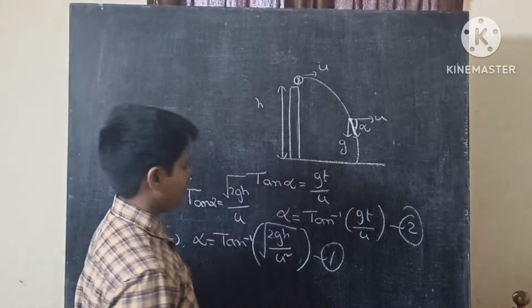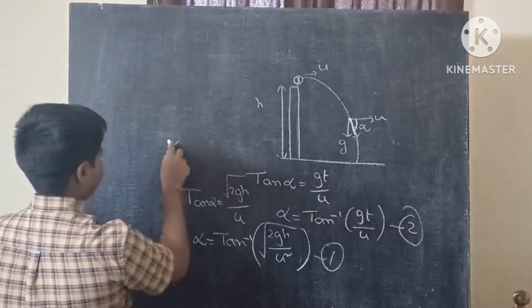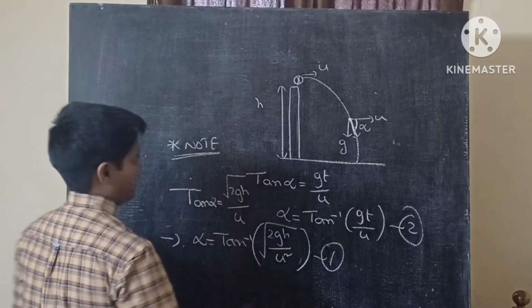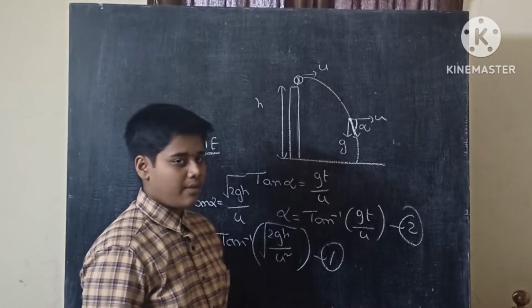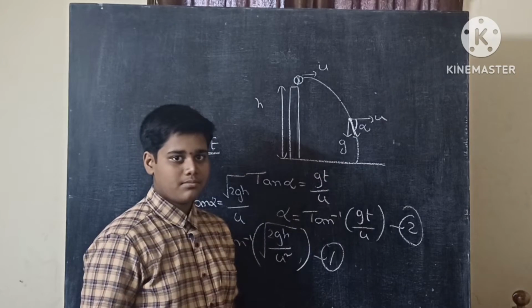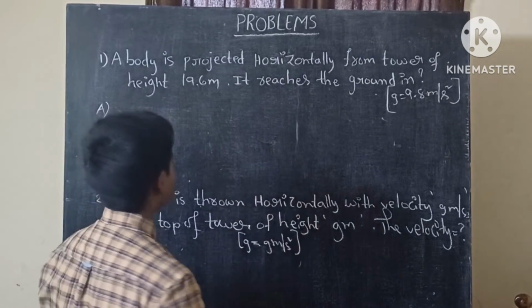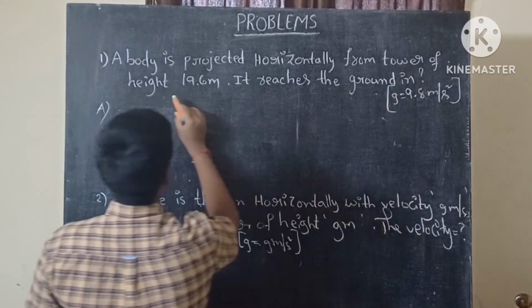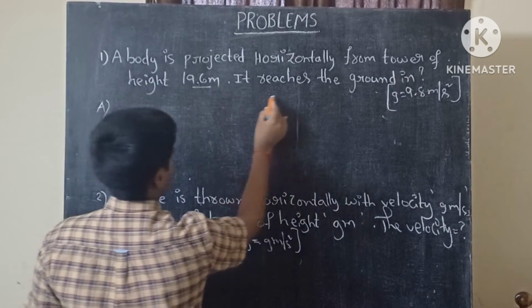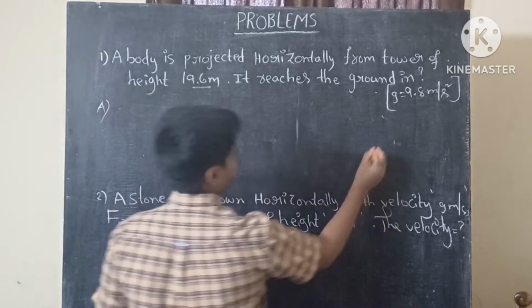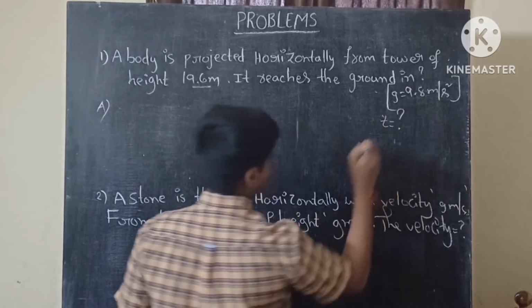So these are the important points, and the horizontal projectile topic is completed. We will do some problems. First question: a body is projected horizontally from a tower of height 19.6 meters. It reaches the ground in... here we have to find the time.